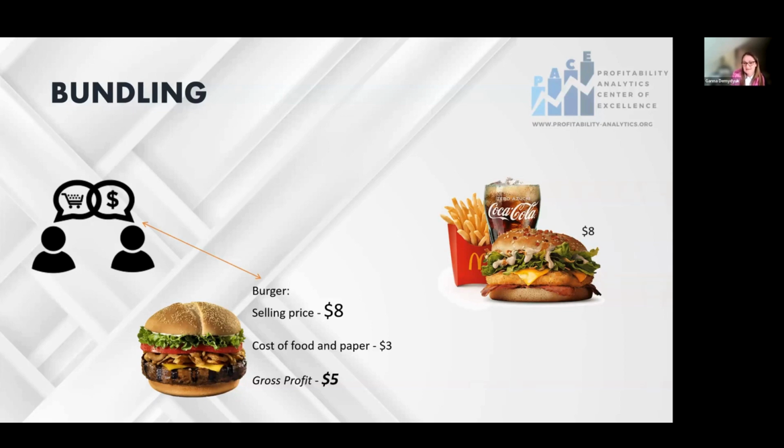The burger is still $8, the drink is $4 and the potato is $3. So the message I get as a customer is: take the menu for $13 and you will save $2.